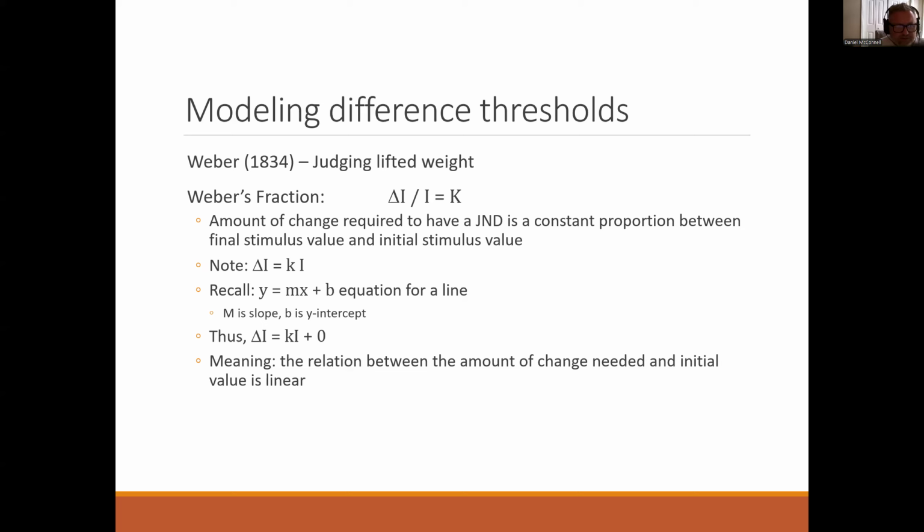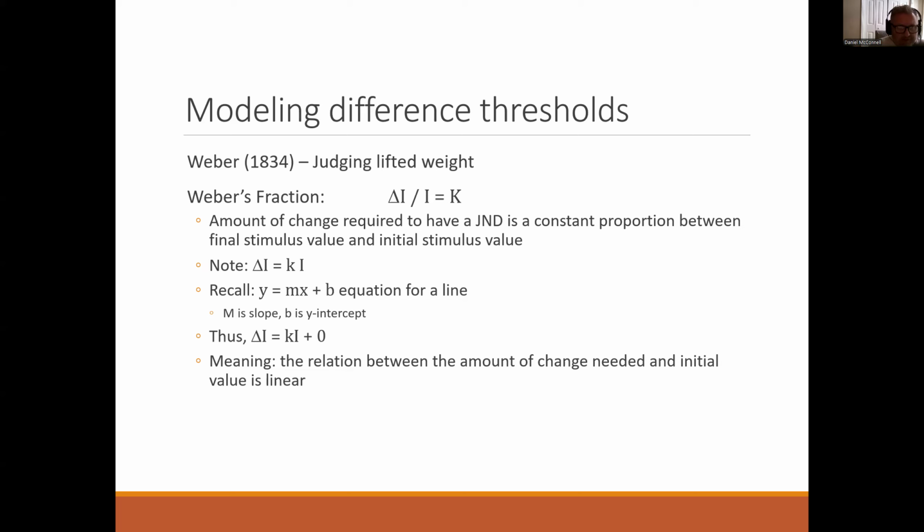So think about that. I'd have to look back in the book or other sources to find out what the exact proportion was that Weber found. I think it was something like a 0.4% change or something like that, right? But let's just go with a 10% change because that's an easy number to work with, right?